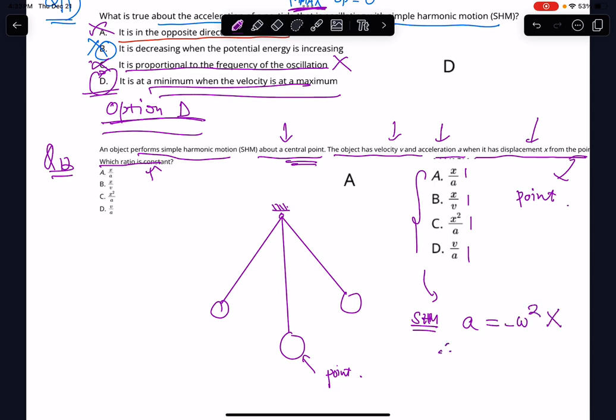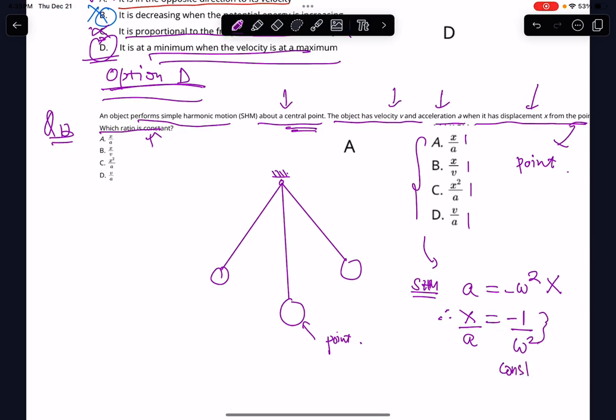So x divided by a becomes negative 1 by omega squared, and negative 1 by omega squared is a constant, which is why x by a is a constant. Okay? So a is negative omega squared x, and therefore x by a becomes a constant, because omega is a constant. So that's how we would look at it.